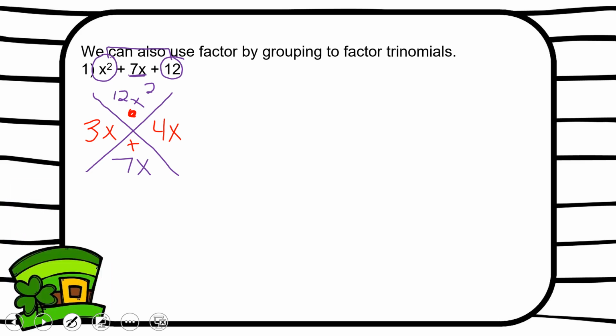So here's how we're going to transform our trinomial. What we're going to do is use that big X to split up our middle term. So the first term comes down. I'm going to split that middle term, and I'm going to keep the last term.